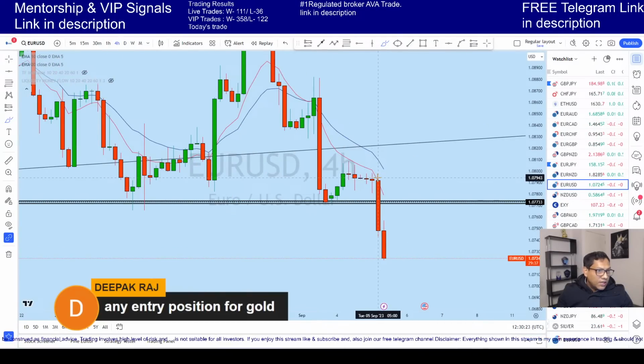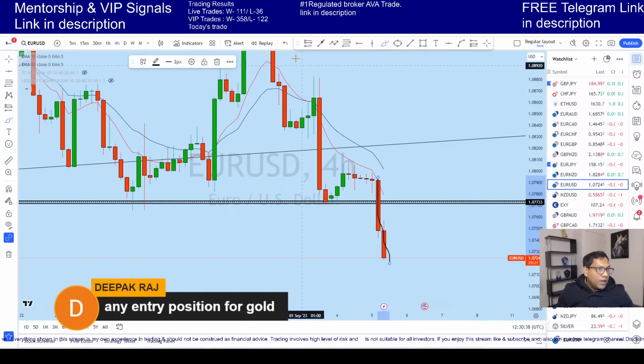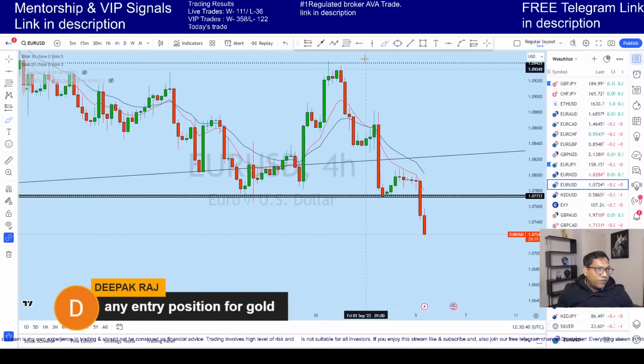You see there are back-to-back three narrow drops here on Euro dollar, which is in fact very strong bearish momentum. With that bearish momentum from this level, we have seen this drop, and we can see from this level there is a strong drop.